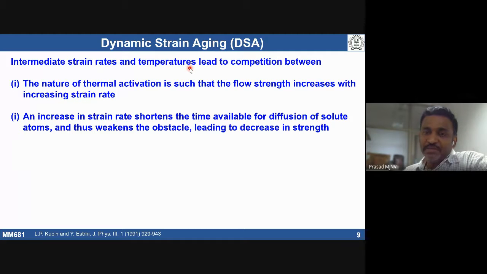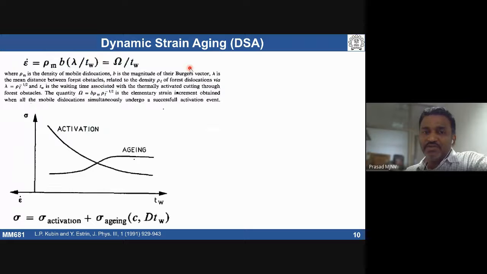Schematically, the same thing is explained like this. The strain rate axis is in the opposite direction, with strain rate increasing here. Your stress is basically a combination of thermal activation and aging. The aging is a combination of concentration of solute atoms, diffusion and time.